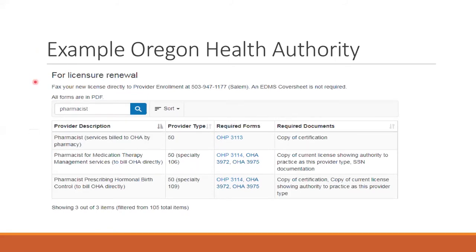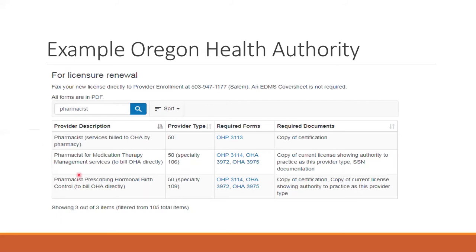So this here from the Oregon Health Authority is an example from our state. Once you have your NPI and you're licensed in the state, this is the actual portal on the Medicaid website where you can download the required forms to register as a pharmacy services provider as a pharmacist. And pharmacist provider type under the Oregon Health Authority's credentialing is provider type 50, but there are subspecialties within that.